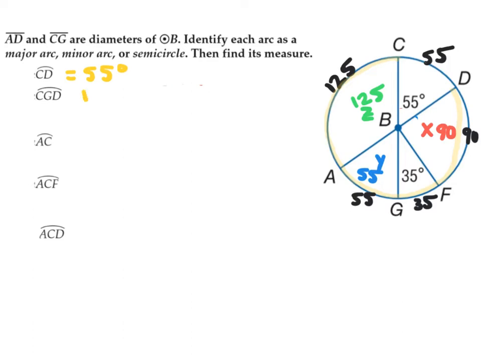You could either add all the angles, or you could do 360 minus the part that's not included. And the part that's not included here is this 55. So we could treat it as 360 minus 55, which gives us a value of 305.